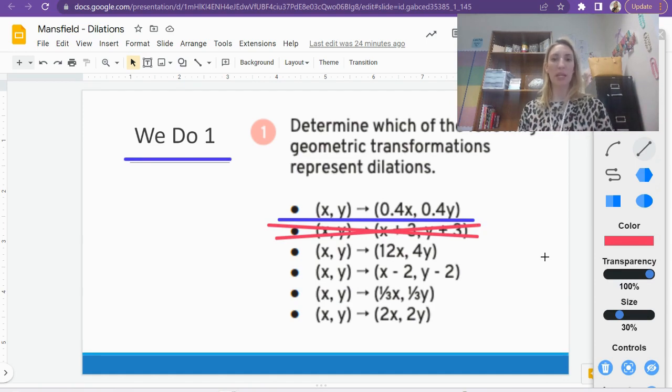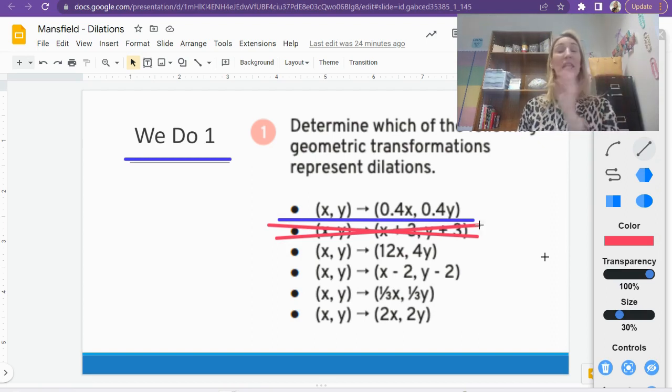x, y transforming into 12x, 4y. All right. First question. Are they multiplying? Is this multiplication? 12x? Yes, that's multiplication. No symbols between the number and the letter. 4y, yes, that's multiplication. No symbols between the number and the letter, multiplication. Beautiful, it is multiplying, yes. Second question, is it the same number? 12, 4.